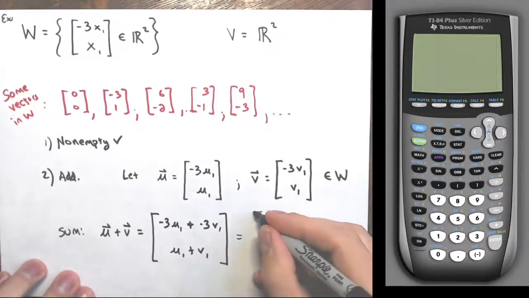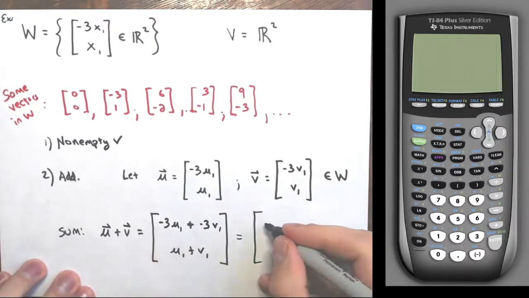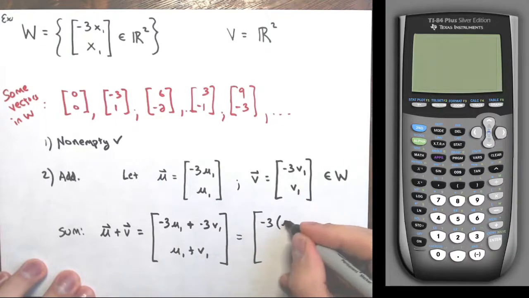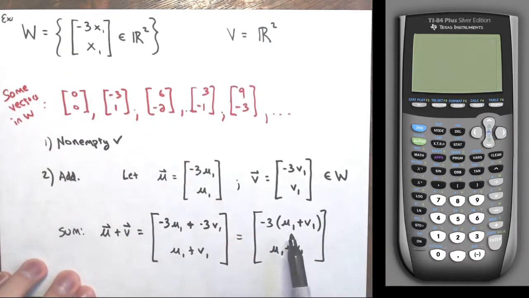Well, yeah. Look at the top component. They both have a common factor of negative 3. I pull that out, and then I have negative 3 times u1 plus v1, and then the bottom component is just u1 plus v1. So you see how it is in that same form, right? The top component is negative 3 times the bottom component. So this belongs to W. Yes, it is closed under vector addition.